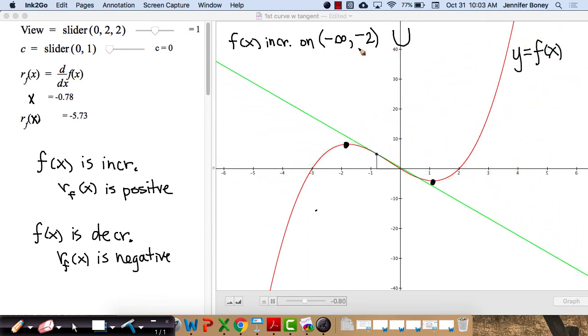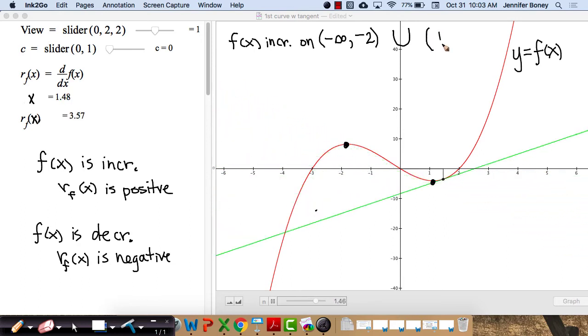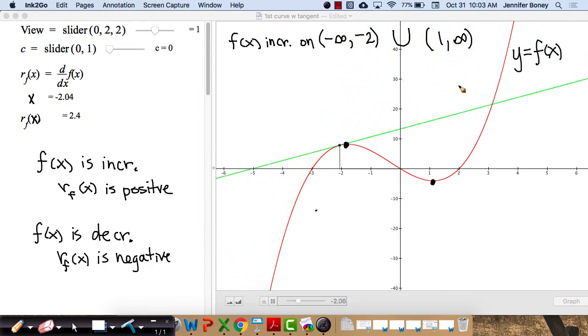So negative infinity through negative 2, and also this entirely separate section from 1 through infinity. I've got f of x increasing, which would mean then I could similarly write, instead of f of x increases on, I could say r sub f of x is positive on, and then write the exact same things. Because if f of x is increasing, then its rate of change is positive. So I could interchange those two expressions.